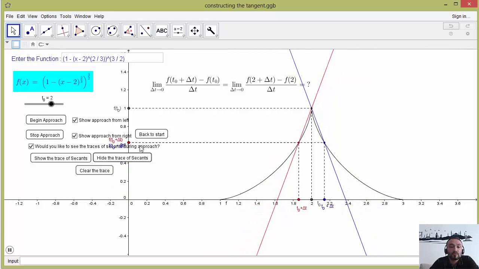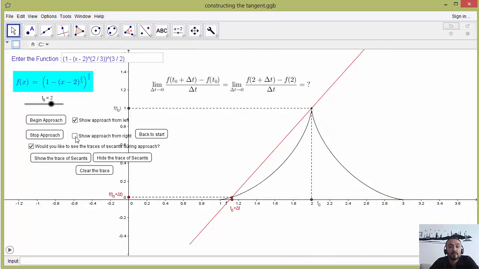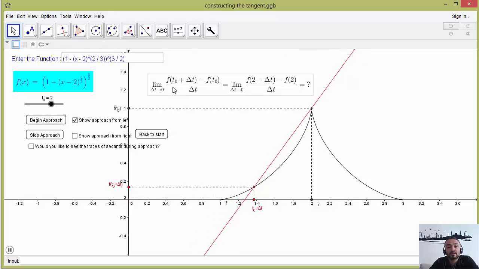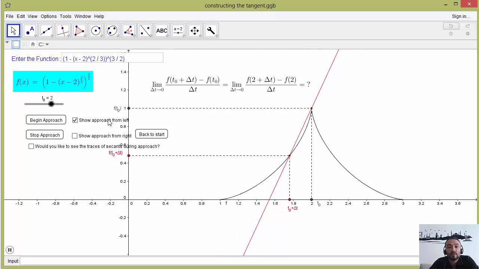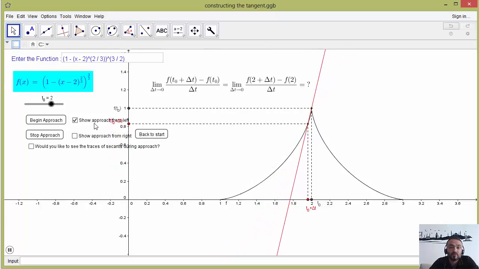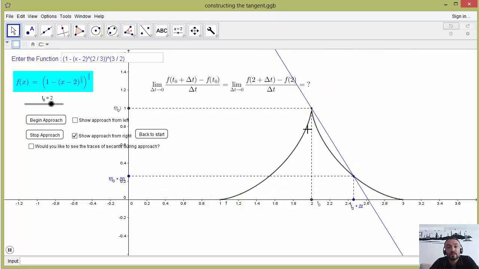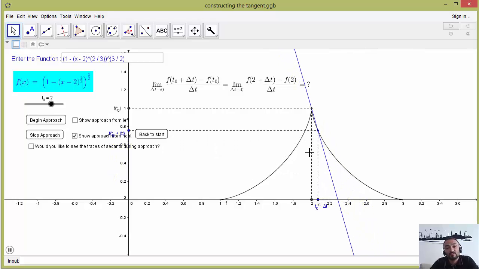But of course, you may say that since this limit exists from left and from right, this function has a left derivative and a right derivative.